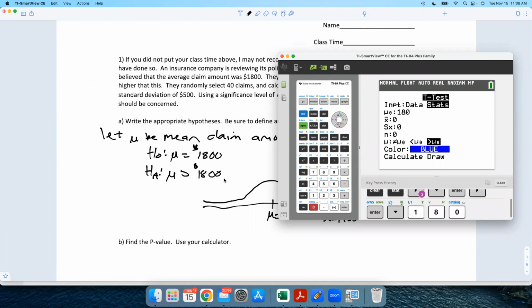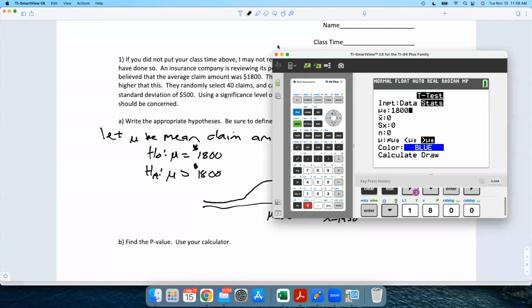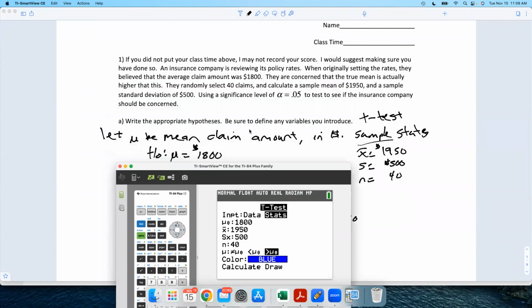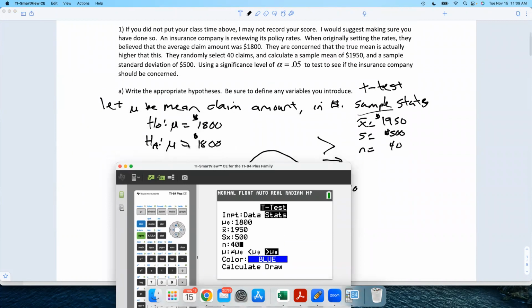It's 1,800. Then I put in my sample statistics. Then I tell it which hypothesis I'm choosing for the alternative hypothesis. I want mu is greater than mu naught. That's mu naught right there. So I want to make sure this one is highlighted. I hit calculate and I'm done.